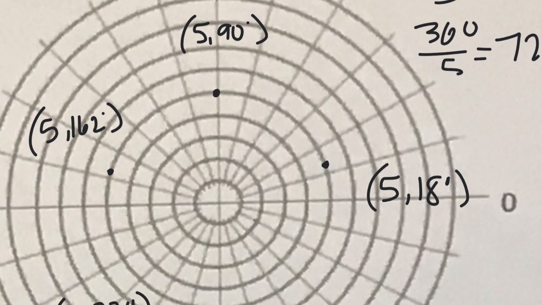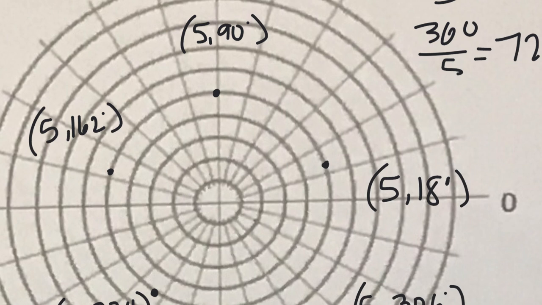Where's 234? This is 225, and this is 240. So right in there somewhere, 234. And then our last one, 5 comma, add 72 to that is 306.